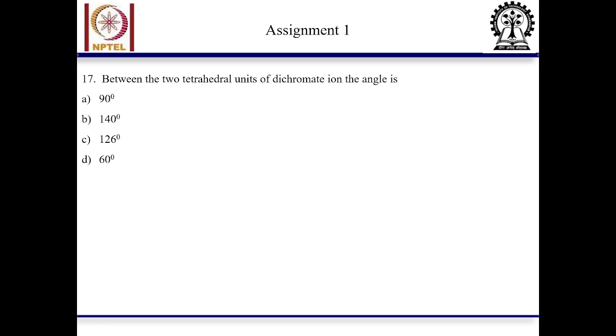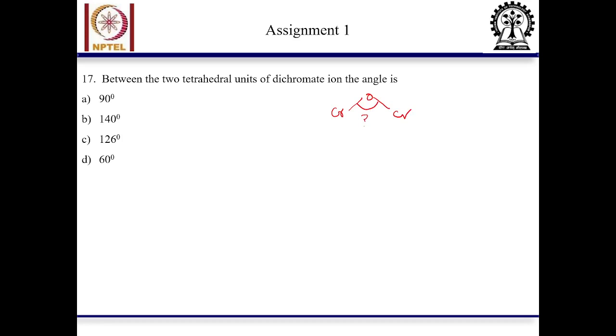Can anyone tell what the angle is between two tetrahedral units? Basically it is asking for the angle of the Cr-O-Cr bond. What is this angle?